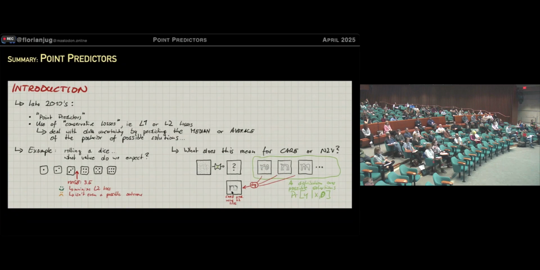And if you ever looked at Noise2Void, CARE, or a whole bunch of other methods by now that work with point predictors, with networks that give you a single answer and are trained with classical losses like L1 or L2 losses, what you see is that in places where there is uncertainty in the input, the prediction looks washed out and blurry. And that is because you essentially have the sum of different possibilities being given to you in one go. And we don't like this.